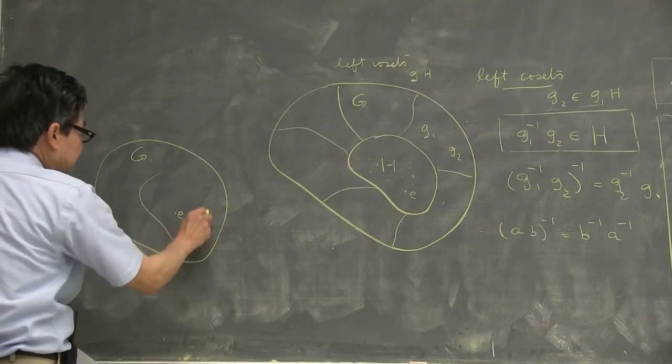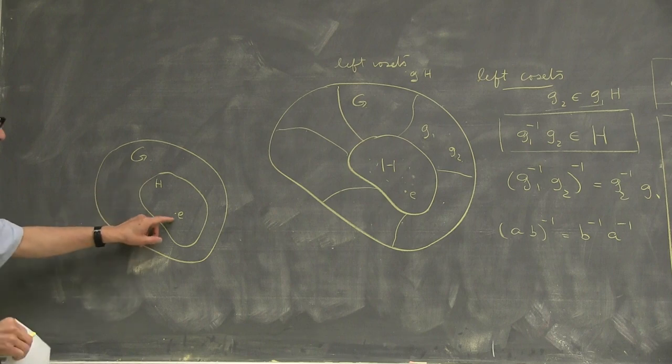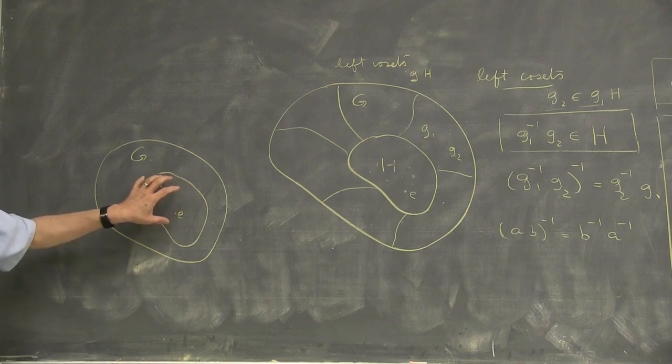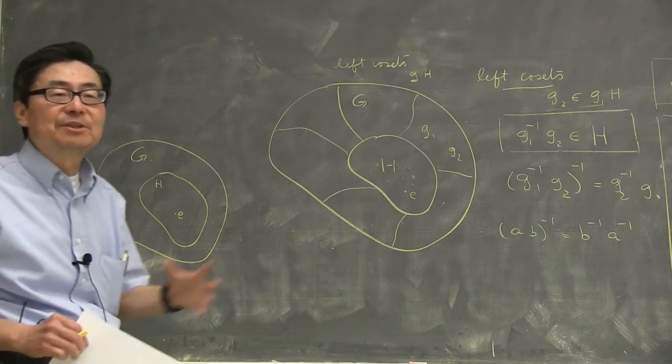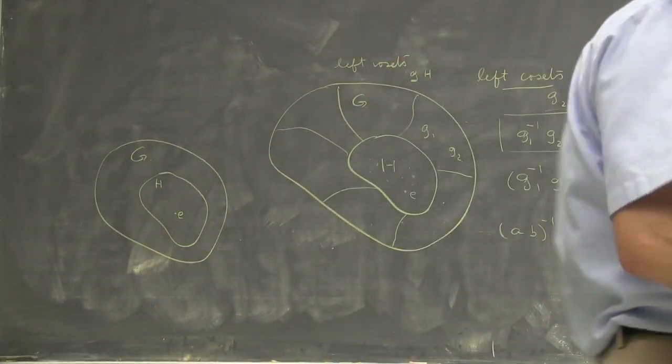And if there's a subset called big H, which includes this identity, that is the original identity, and if this subset is a group in its own right, then this thing is called a subgroup, okay? So obviously, there can only be one identity when you talk about subgroups. That is the identity of the original group, okay?